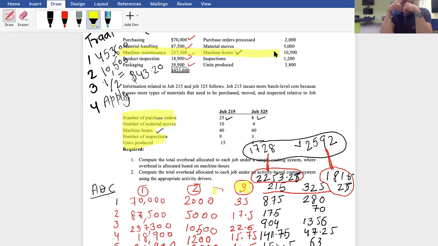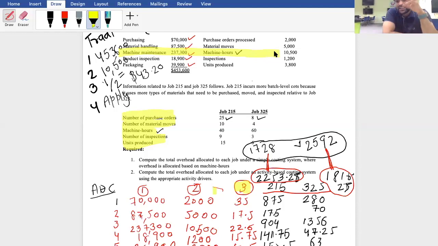So now the question is, which one is accurate? Traditional costing is accurate or activity-based costing is accurate? Of course, activity-based costing is more accurate compared to the traditional costing, because in traditional costing, we focus only on two kinds of activities, machine or labor hours.